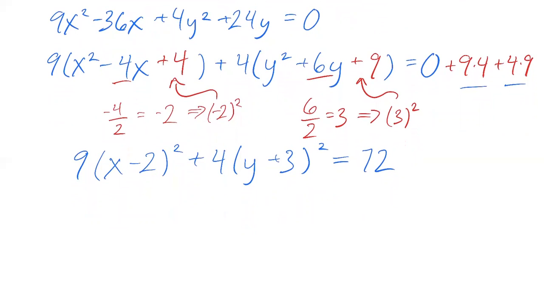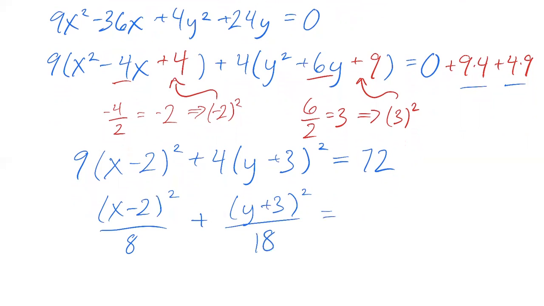Let's just divide everything by the 72. So that produces (x minus 2) squared over 8, after we simplify, plus (y plus 3) squared over 18. And it's all equal to 1. So we would be well served at this stage to identify what type of conic this is and then to pick out the important pieces of information.